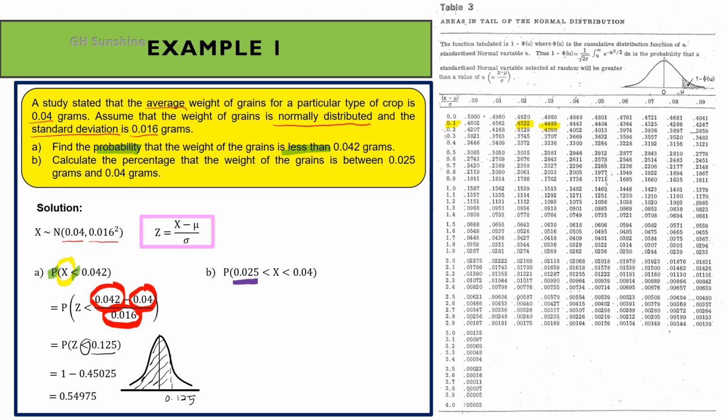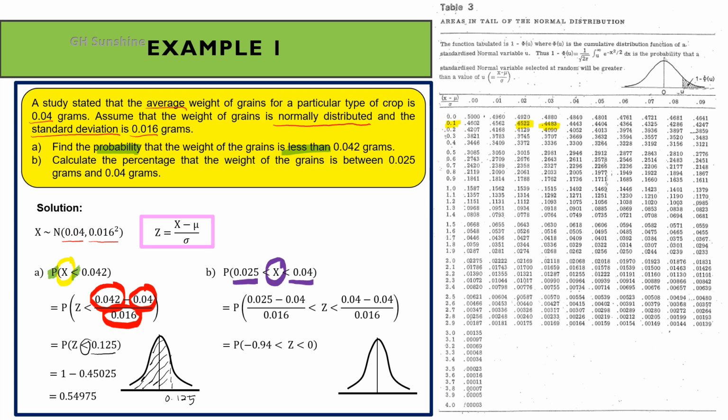Next question. Calculate the percentage that the weight of the grains is between 0.025 grams and 0.04 grams. So, from X, convert to Z. Substitute X minus mu over sigma. Calculate, so Z is between 0 and negative 0.94.